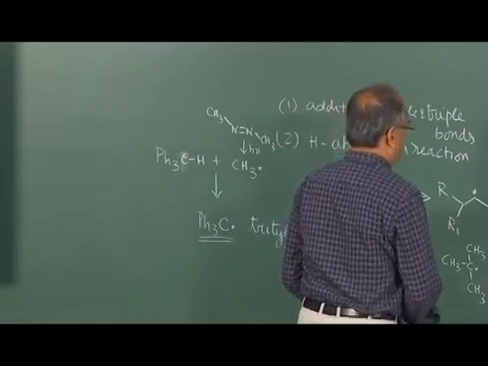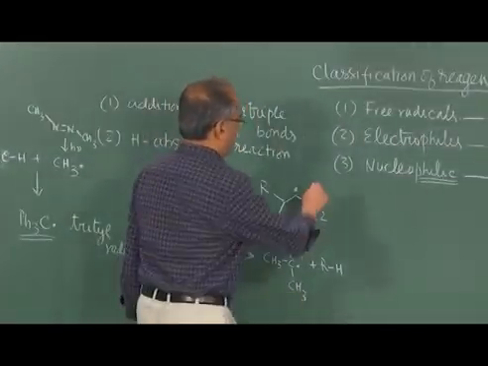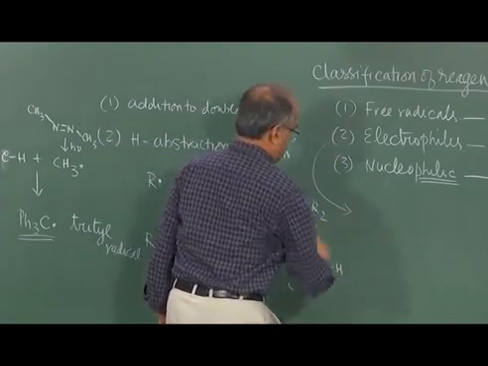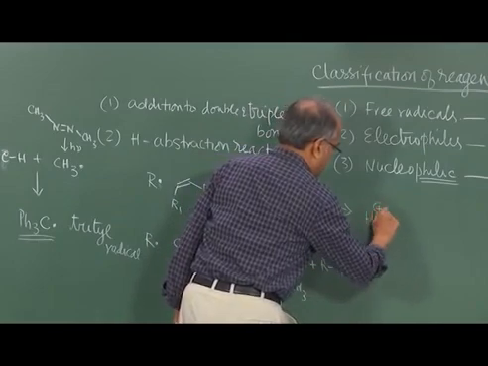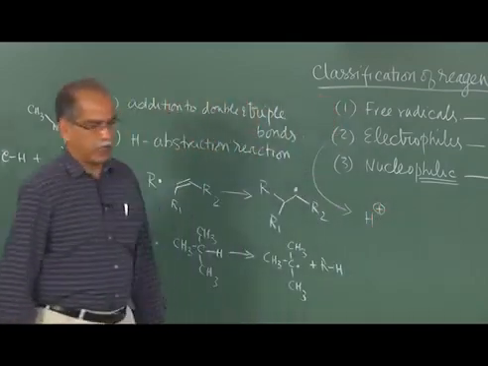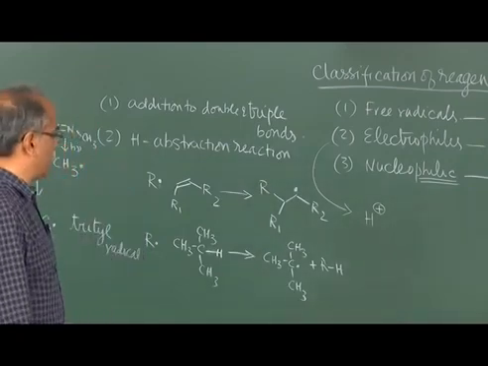Now, let us get back to the electrophiles and the nucleophiles. We have defined the electrophiles as electron deficient species. Let us start with the proton H plus. H plus is an electrophile. It can add to electron rich double bonds, for example, by protonation reaction.